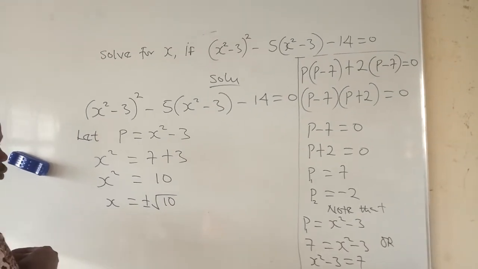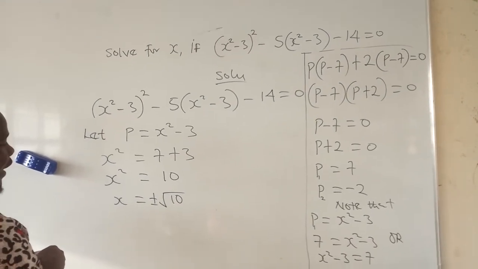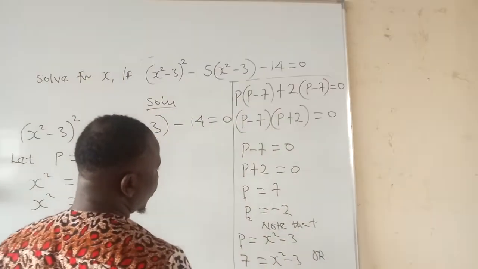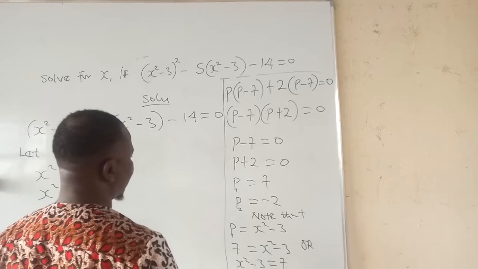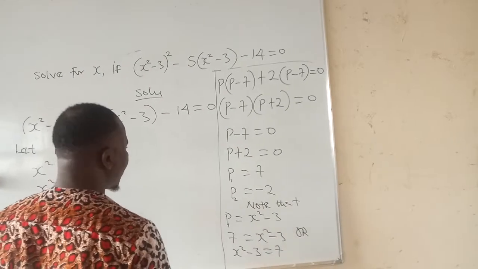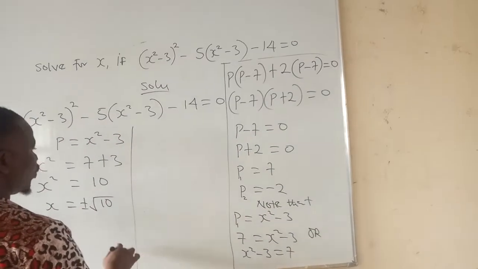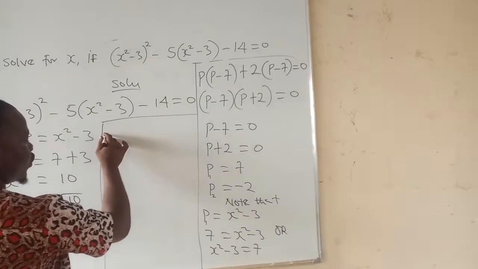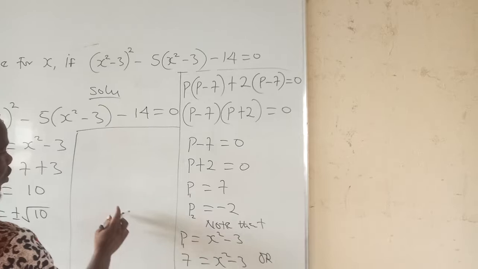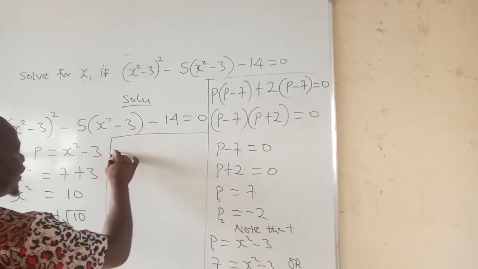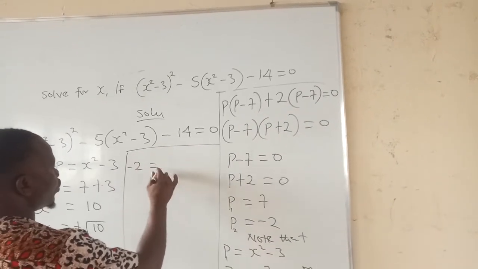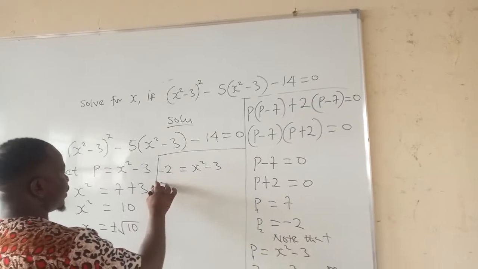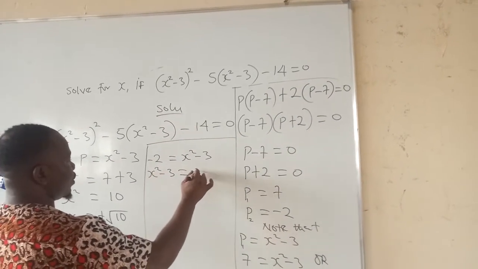So now, what we will do here is we are going to look for p1, p2. Is that clear? So now our p2 is equals to, we also note that our p2 is equals to minus 2. So definitely here is minus 2 equals to x squared minus 3. Then this is the same thing as x squared minus 3 is equals to minus 2.